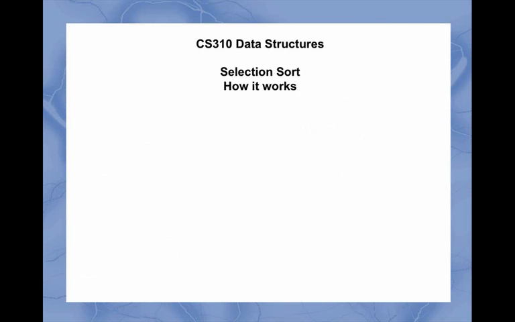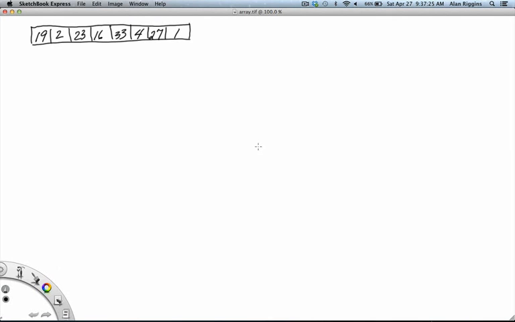The next algorithm that we want to consider is selection sort. So using our same initial array, we're going to look at selection sort. The way selection sort works is you scan down the array looking for the largest element in the array. 19, 2, 23.